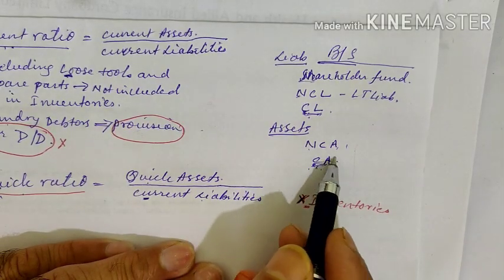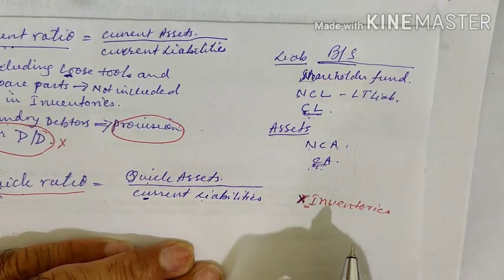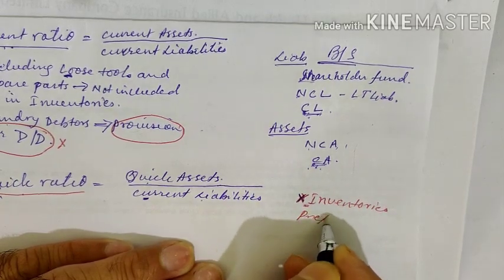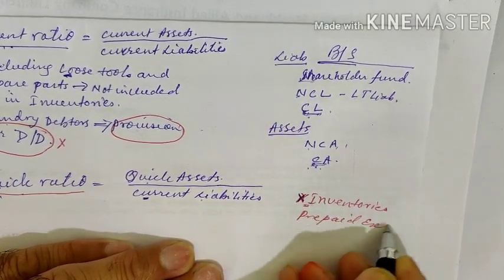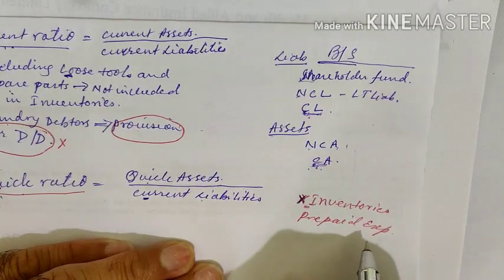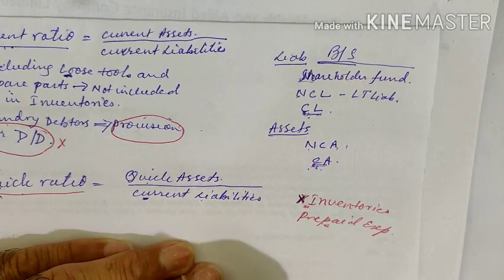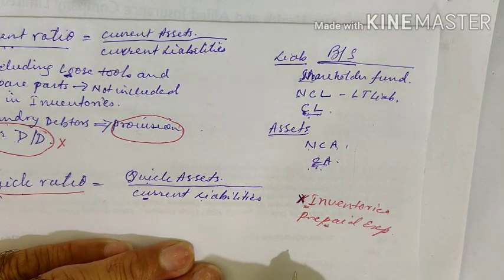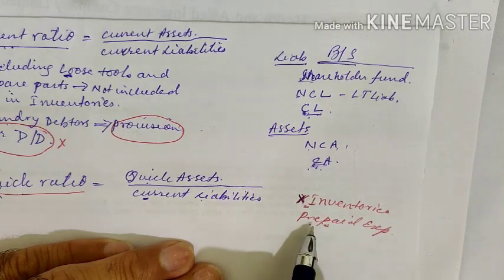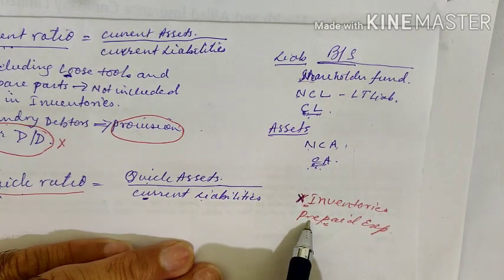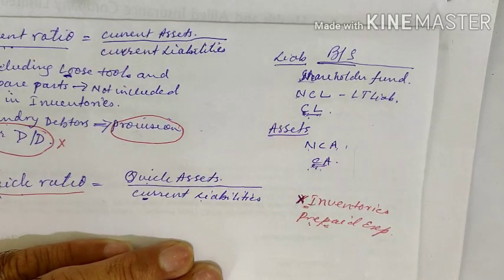Another item in current assets is prepaid expenses. It is also a current asset. Now let's check prepaid expenses. Will it be your quick asset? Again, no. Prepaid expenses cannot be quick assets. Why? Because prepaid expenses means you have paid in advance for some services yet to be received, like wages prepaid.